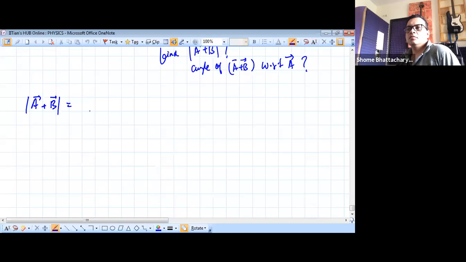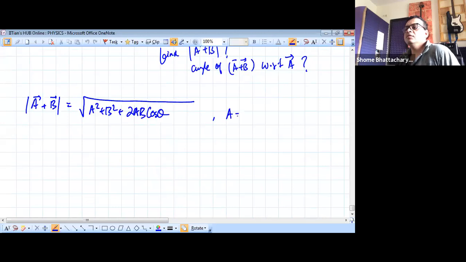okay. Many others now. So root of a square plus b square plus 2ab cos theta. Now इसमें a will be substituted as 20, b will be substituted as 20, but cos theta will be cos 120.